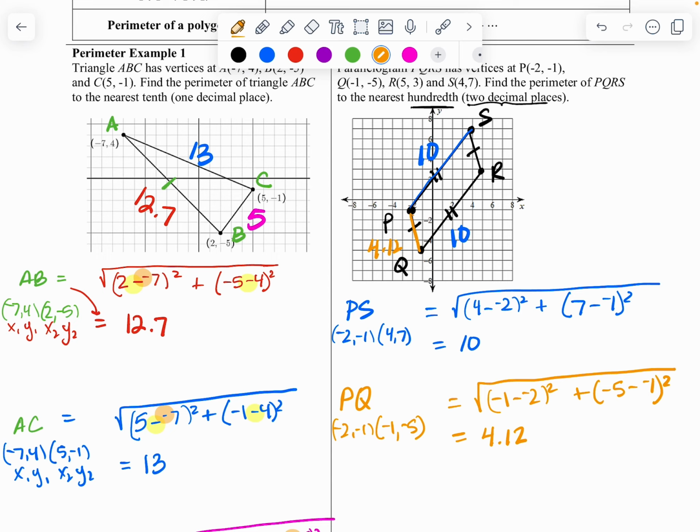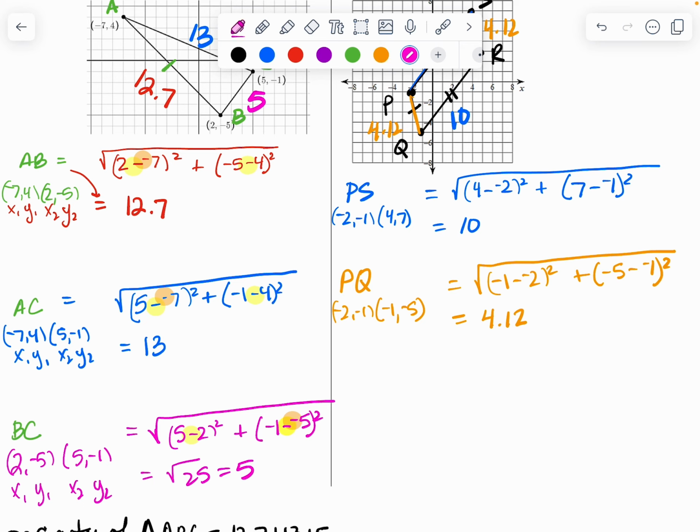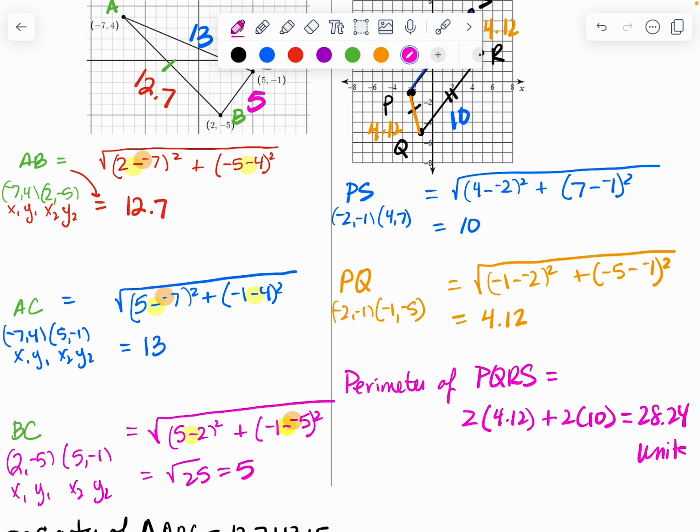So this is 4.12, and this is 4.12. So when I find the perimeter of PQRS, it is 2 times 4.12 plus 2 times 10 equals 28.24 units.